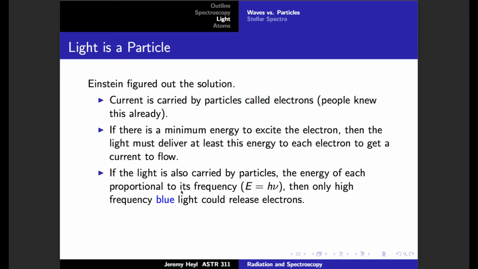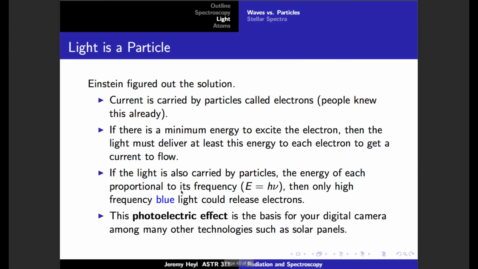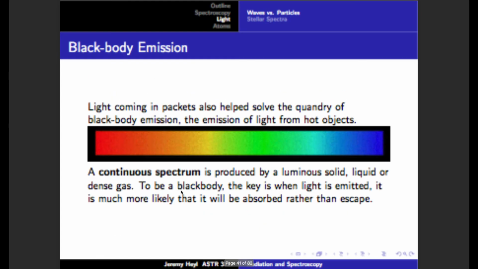Your camera is counting photons. They're small and their energy is not very big, but it's entirely within the realm of technology you hold in your hands to count them one by one. In fact, your eye basically counts them one by one as well. So this is called the photoelectric effect, and we use it all the time.